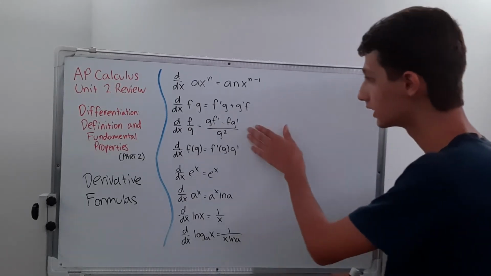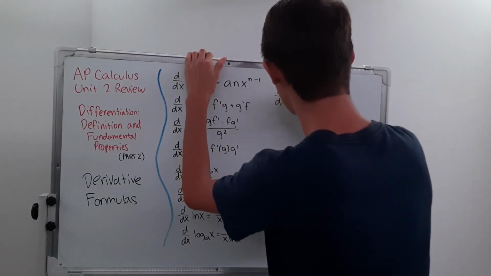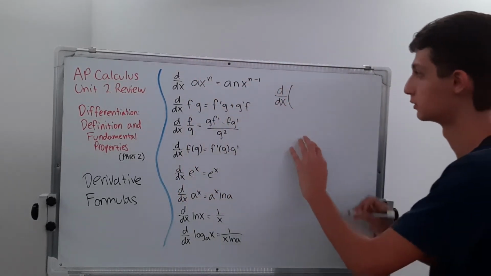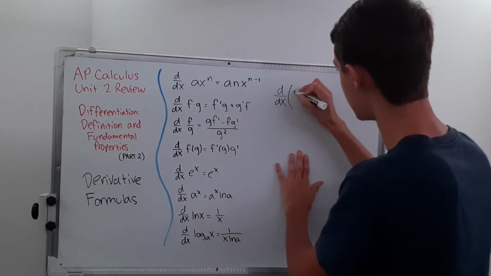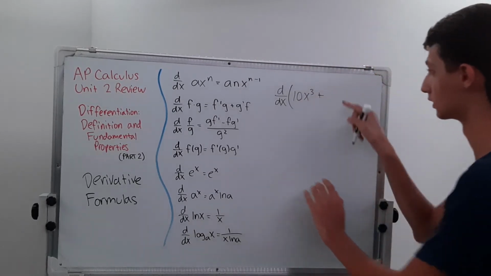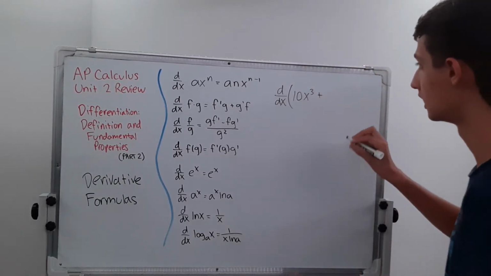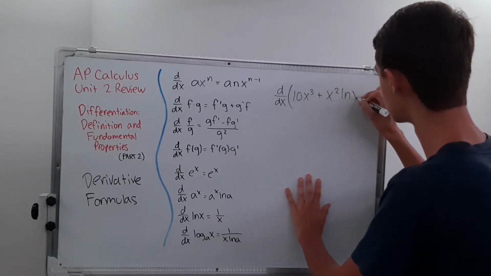So let's say we have the derivative, and I want to take the derivative of 10x cubed plus, okay, so this is not a product, this is just a plus, and then x squared ln x.